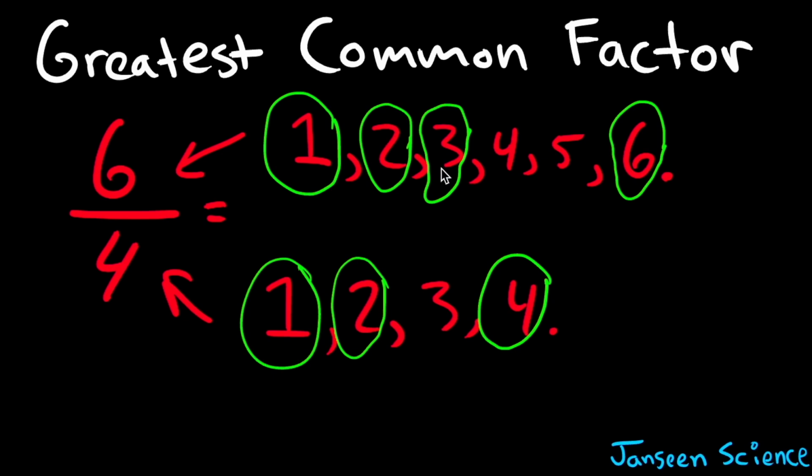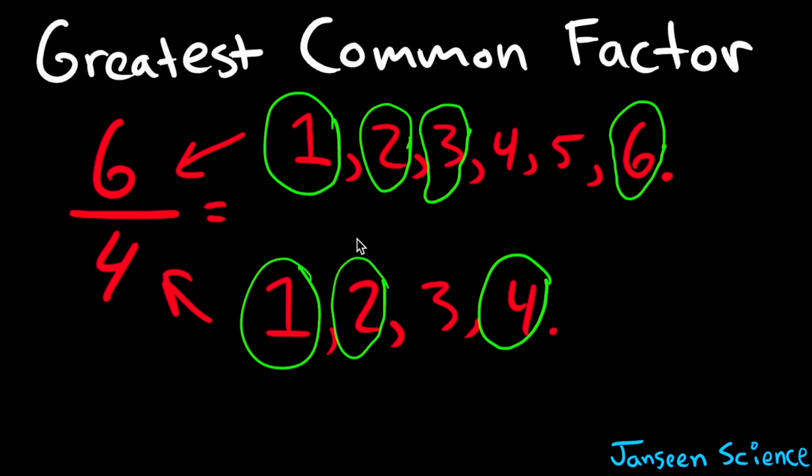You have 3 and no 3, so no common there. And 4 and no 4, there's no common there. 5, no; 6, 6 only appears in the first list. So the only common factors that appear in both lists are 1 and 2.